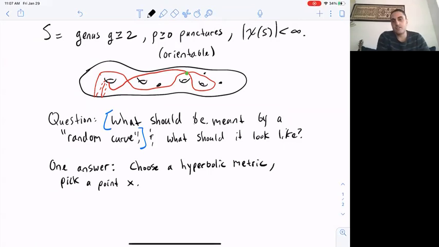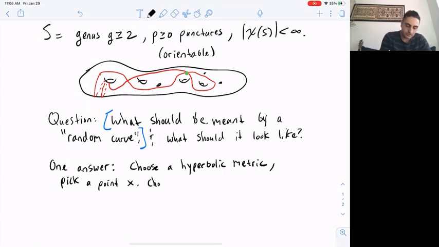And then what I want to do is pick, uniformly at random, and I won't be super formal about what I mean by this, a tangent vector at x, and then just flow in the direction of that vector via the geodesic flow that this surface has once I equip it with a hyperbolic metric.